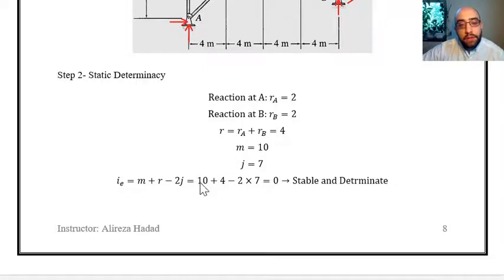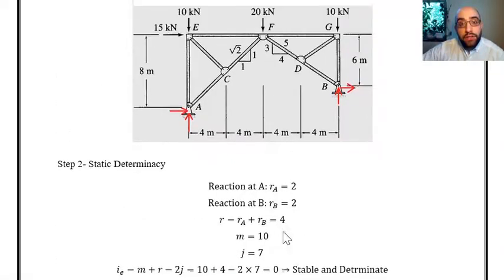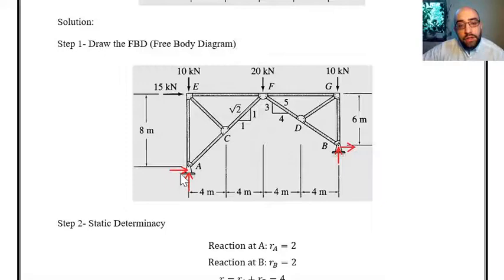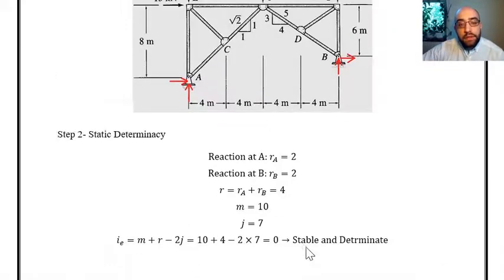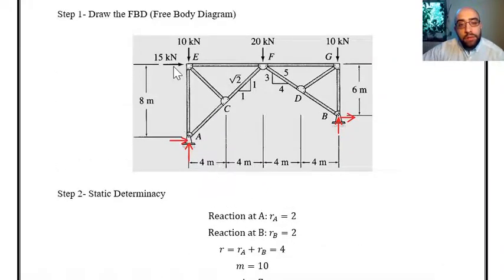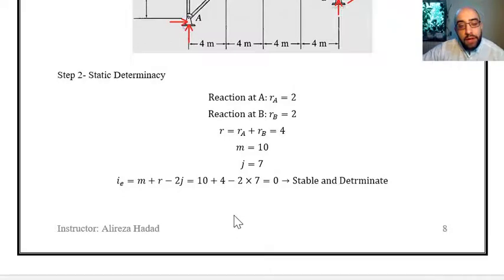So M is equal to 10. R is the number of reactions. I have 2 reactions over here at A and 2 reactions at B. So R is equal to 4. And J is the number of joints. We have 1, 2, 3, 4, 5, 6, and 7 joints in the truss. So I have to put 7 instead of J.